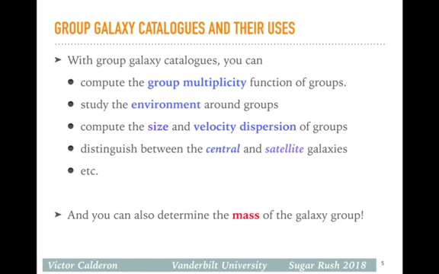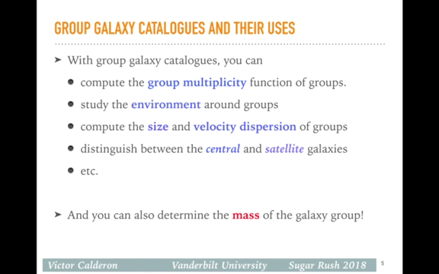With a catalog, you can also estimate a set of different statistics. For example, you can look at the group multiplicity function or look at the environment, the size, velocity dispersion of groups. You can also distinguish between centrals and satellite galaxies, and among other things.